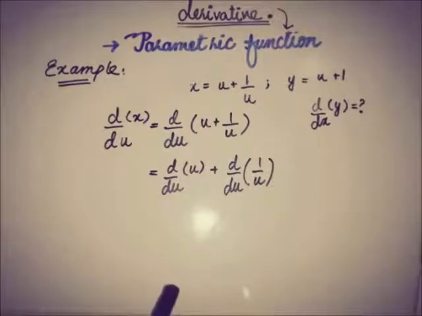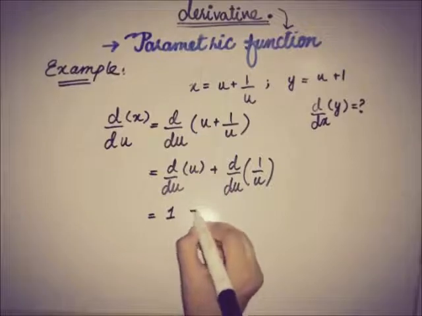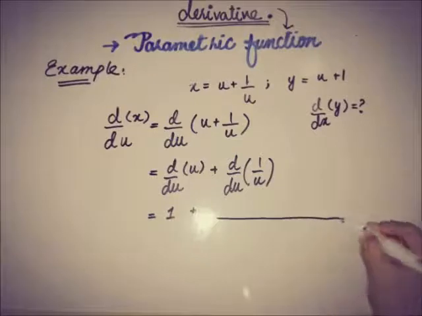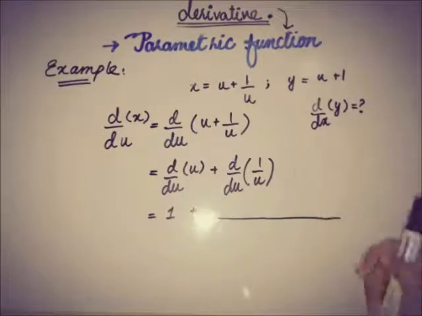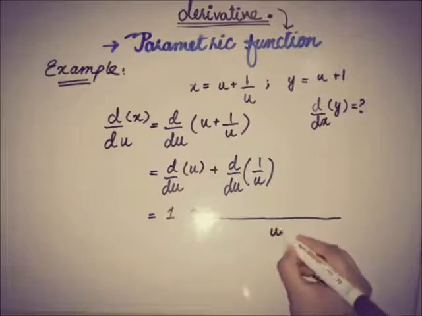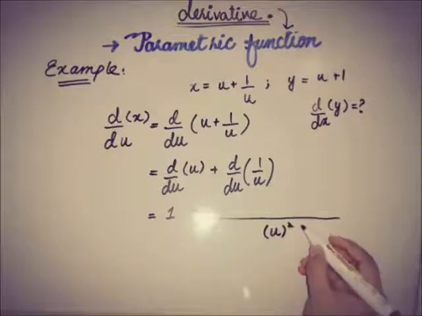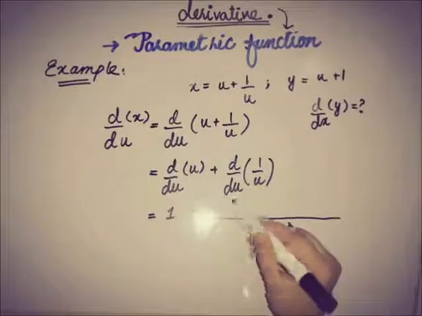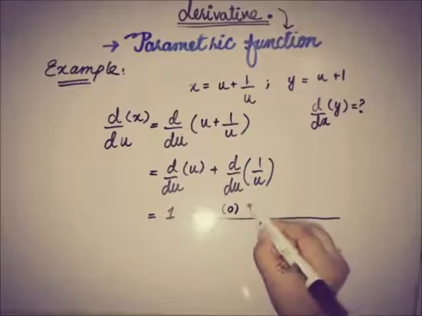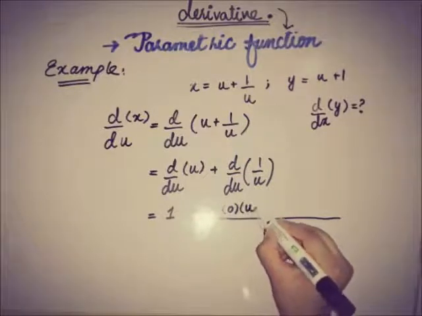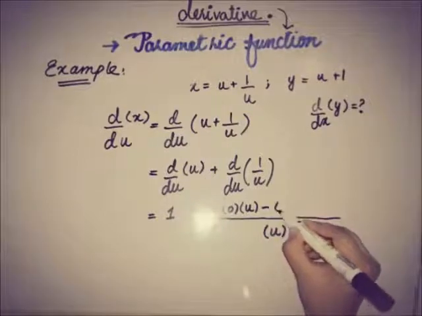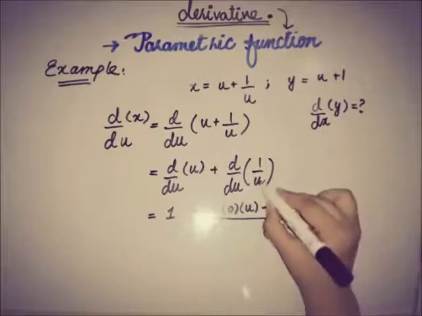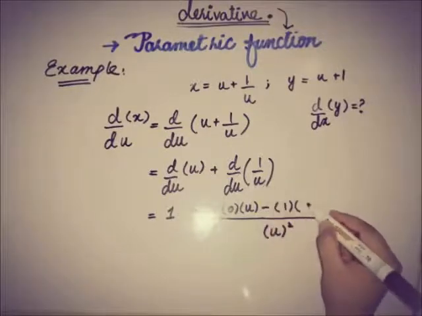The rate of change of u is equal to 1, and for the other term we can use the quotient rule, because this is in the form of f of x over g of x. So the square of the function in the denominator, the rate of change of the first function is a constant, so it is 0, and the function in the denominator as it is, minus the first function, that is the function in the numerator as it is, times the rate of change of the second function, that is u in the denominator, so du by du is 1.